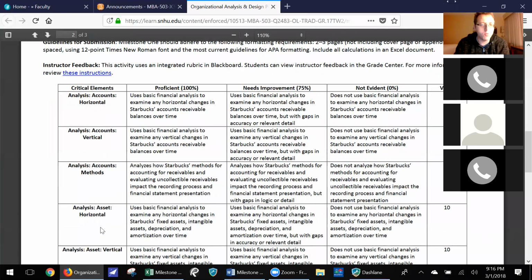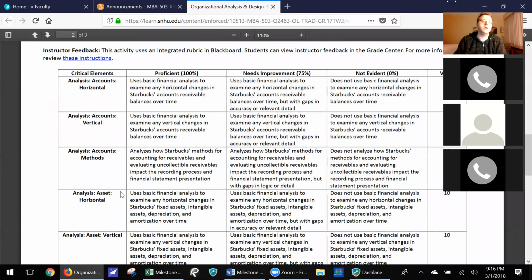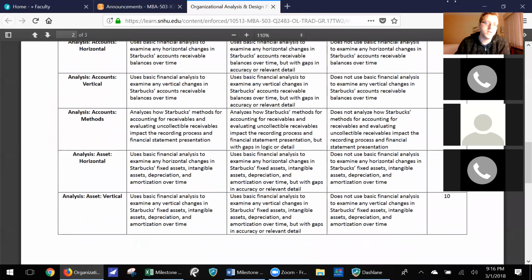the rubric here. Take a look at this rubric. I think the hardest part about the rubric is the method section. This is where you tie together the results of the analysis with how the company performs the accounting for that particular area. So if you notice there was an increase in accounts receivable, could it be related to how the company accounts for that particular item?